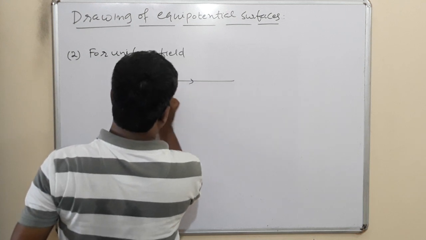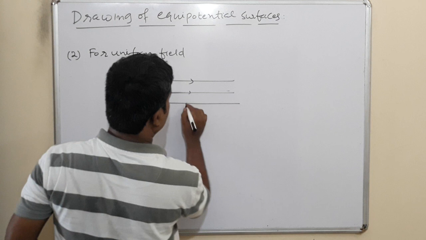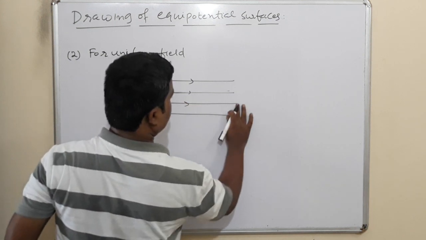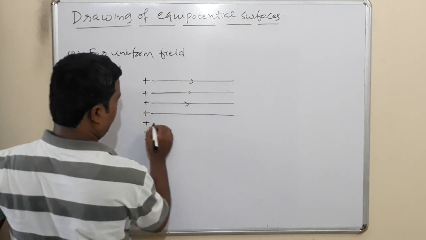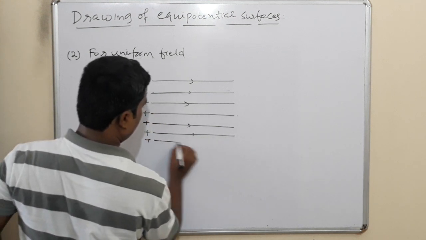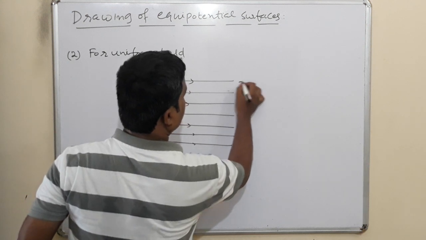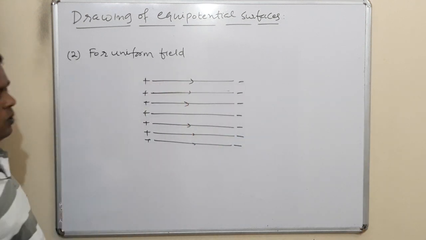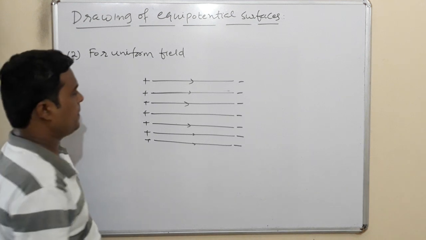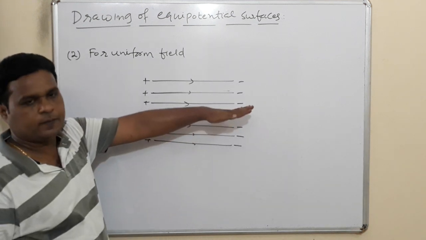There will be another plate which is negatively charged. A uniform field exists between these two plates. This will be minus, minus, minus, minus, minus, minus, minus. If I want to draw the equipotential surface here, see, this is the direction of the electric field.